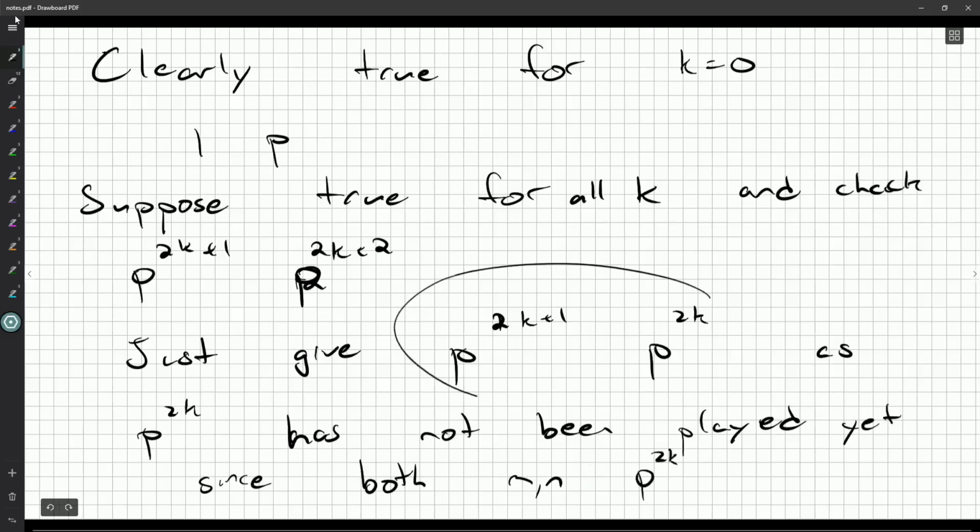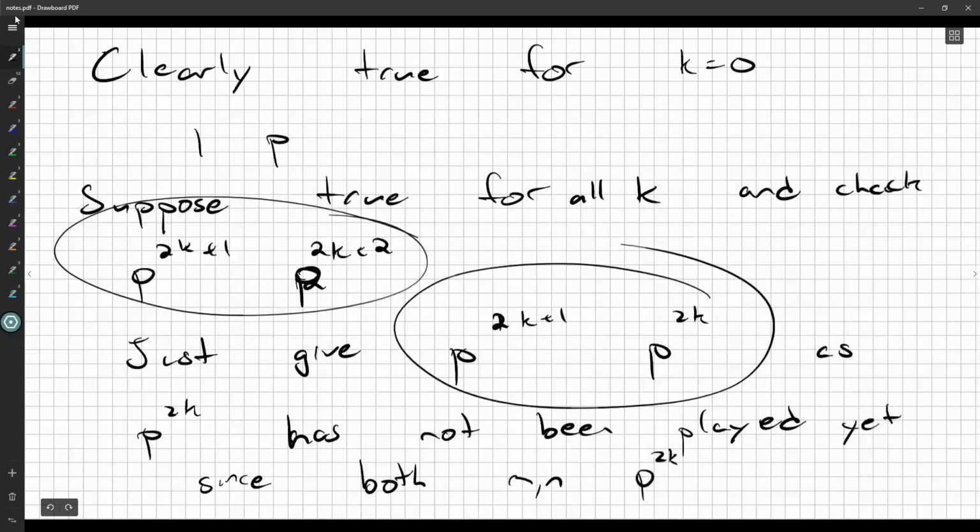And so if I'm correct and this is a losing position, then of course this is a winning position. Alright, so then what do? Well, we also have to prove that this really is a losing position.